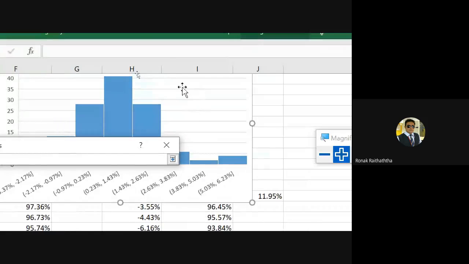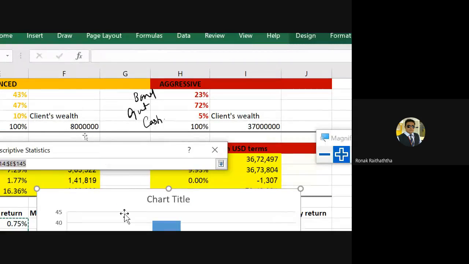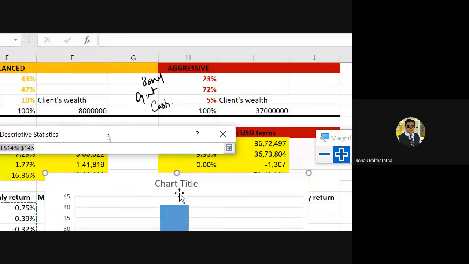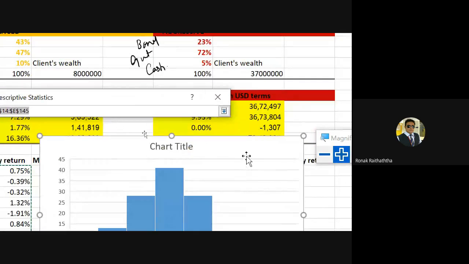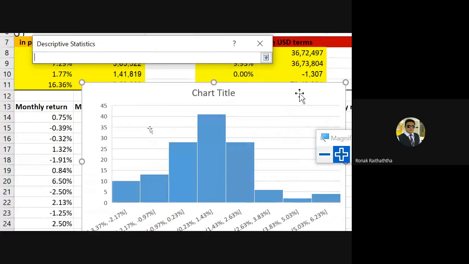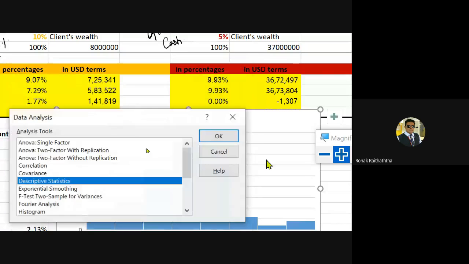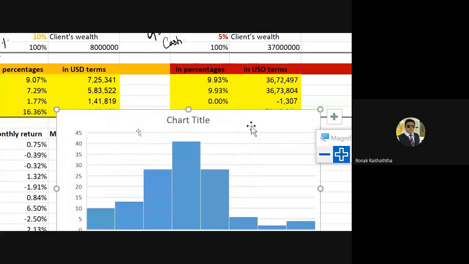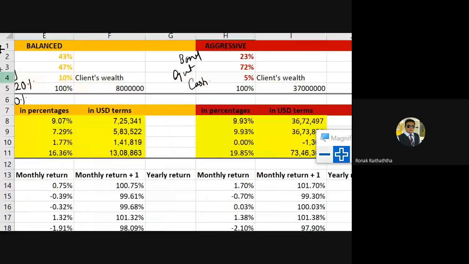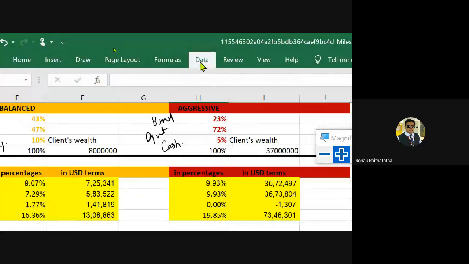Now the range shall be for the third one. I'm selecting it. Now I think it should be visible better.